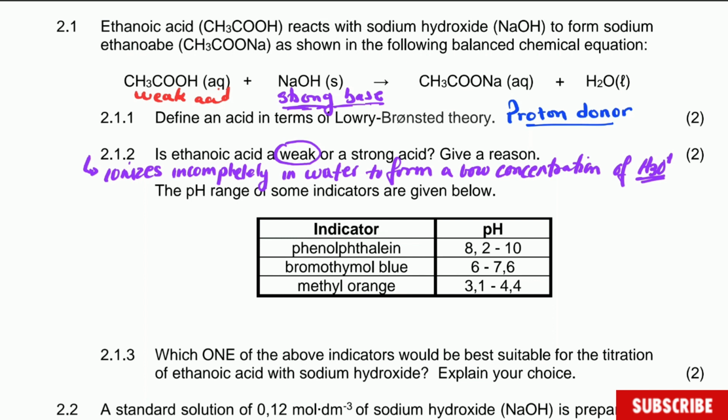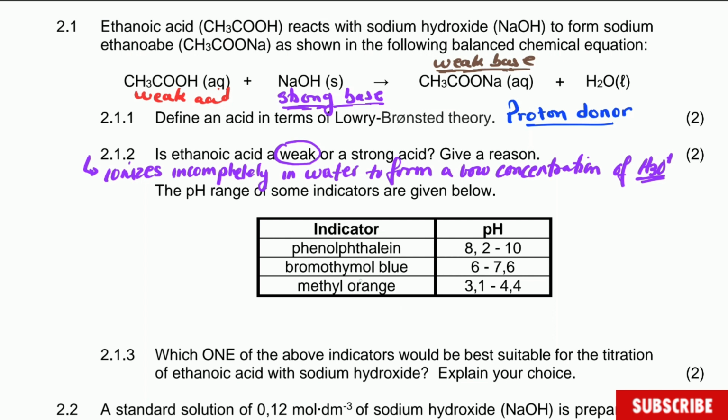Therefore, we're going to end up with a solution that is a weak base. So with a weak acid and a strong base, the product here is going to be a weak base, which will have a pH greater than 7.